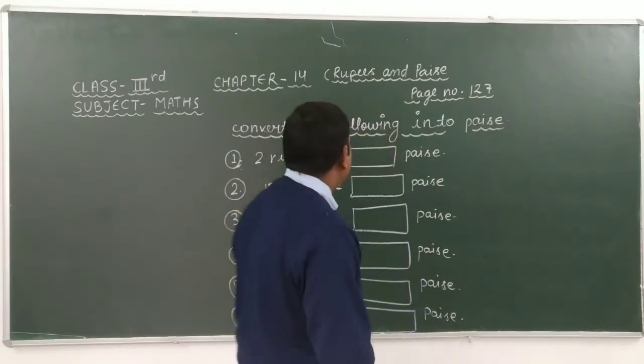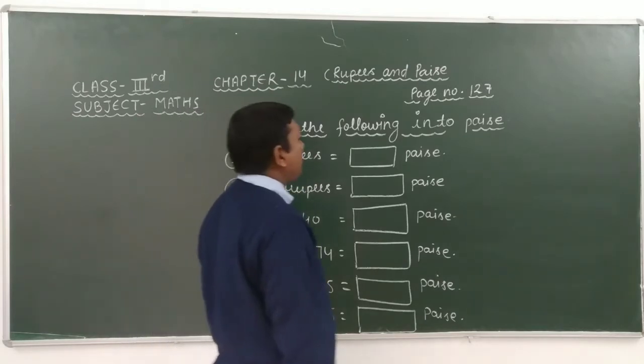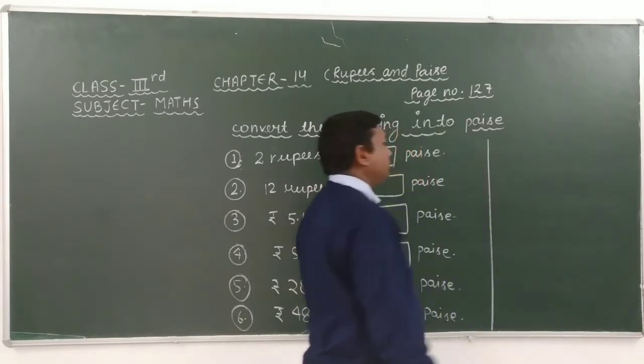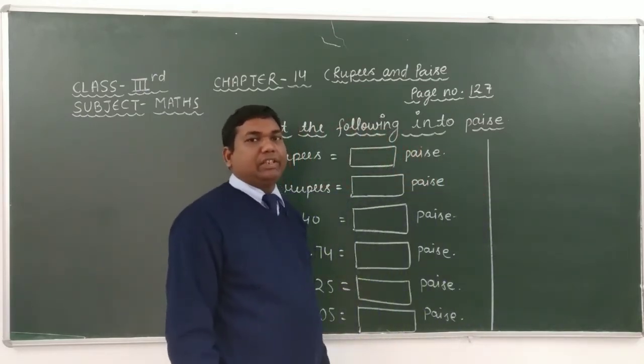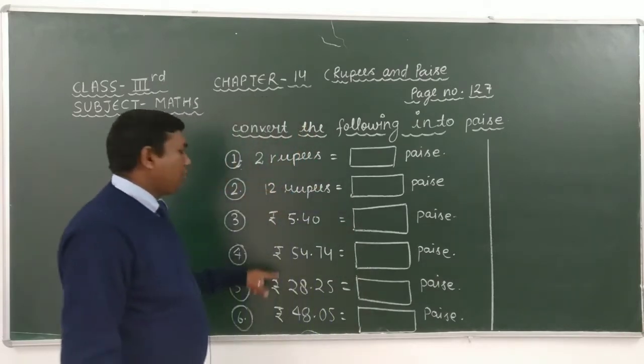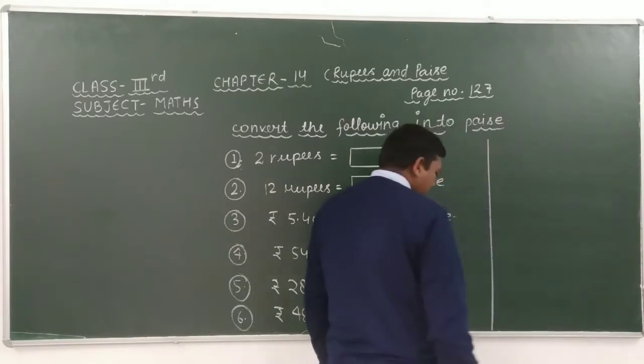It means that if we have to change rupees into paise, then we have to multiply the given rupees by 100.